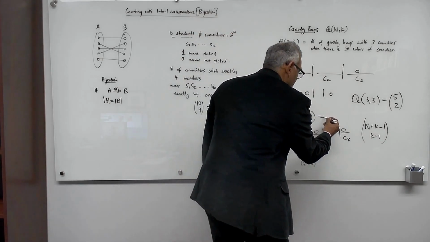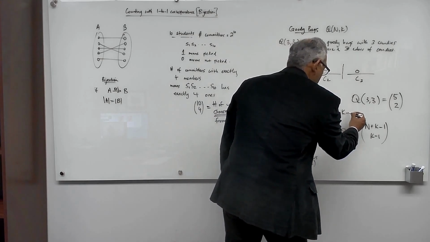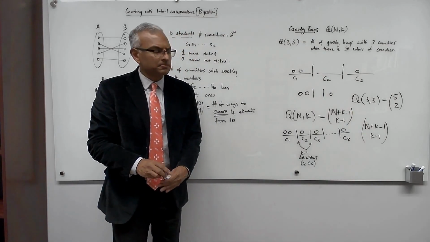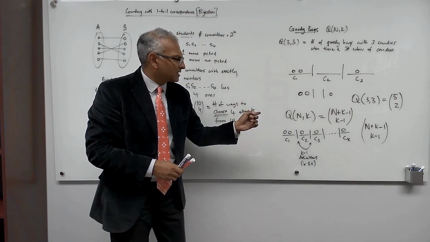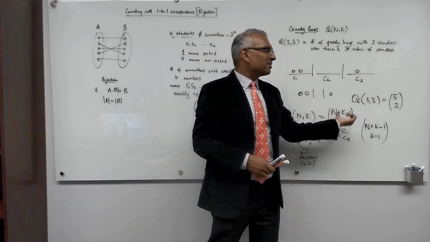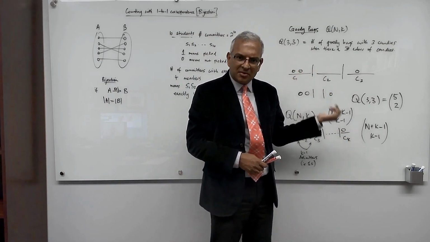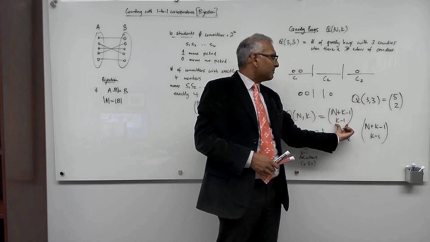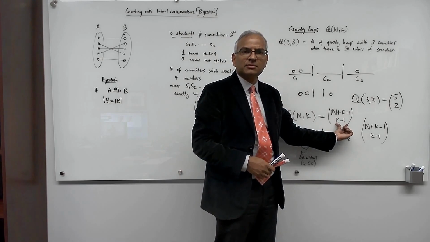So these two numbers must be the same. Wow. Okay. So the number of goodie bags when you have n candies and k colors is exactly equal to the number of binary sequences of length n plus k minus 1 which have exactly k minus 1 ones.